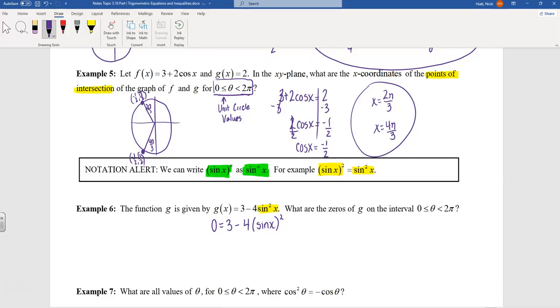So we need to solve this equation for x, which means we need to get sine by itself. So, Asher, what's the first thing we would do here? Good. We'll subtract that 3. So I got negative 3 equals negative 4 times sine of x, squared. What would you do next, Asher?